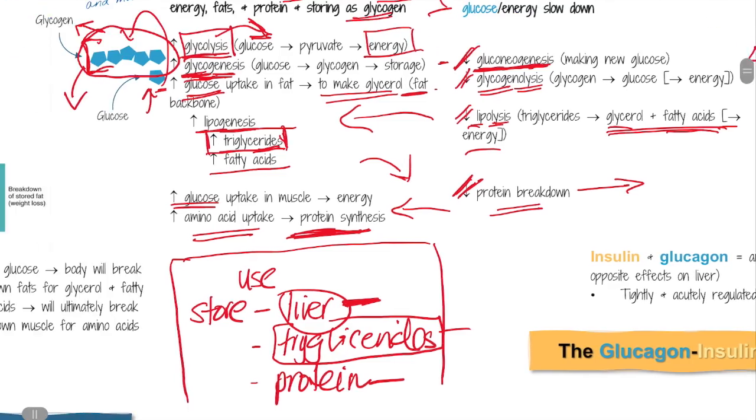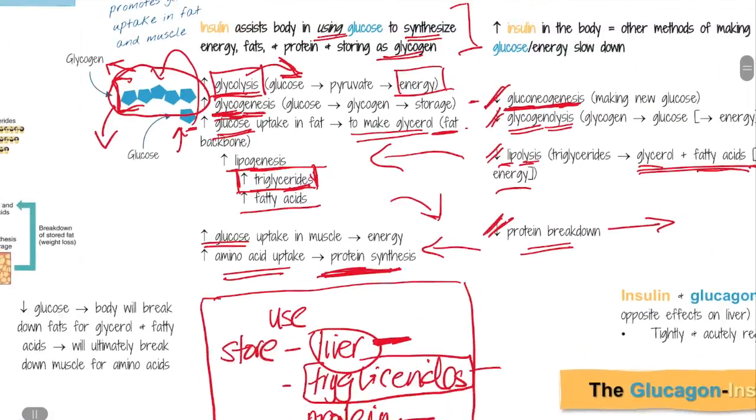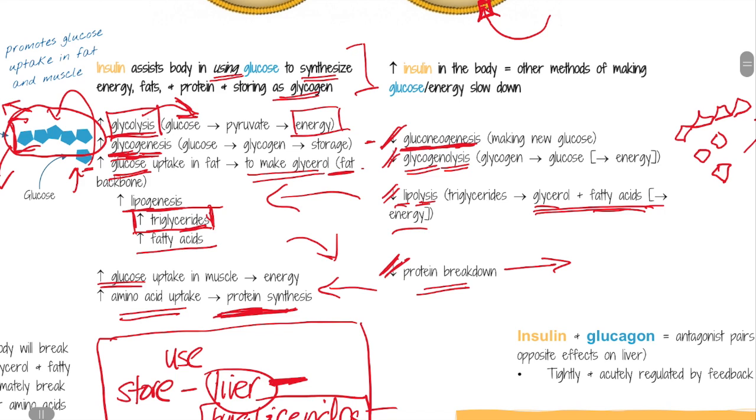So if you can understand all of those things, and I know that some of these words are difficult, I find that students really struggle with these words showing up on tests and going, okay, what's that again? Glycogenolysis does this or does that. So if you really just stop, break down the word, know what it's doing, and then ask yourself, really simply, is that going against what insulin wants to do, which is to take the glucose out of the blood and use it or store it?